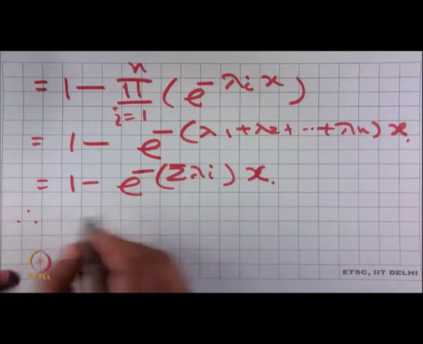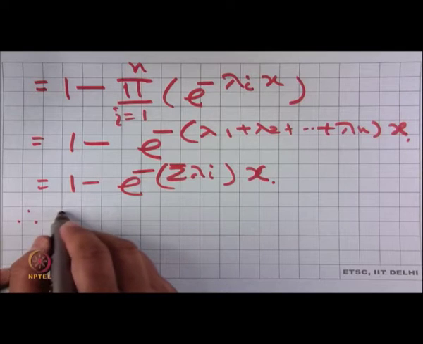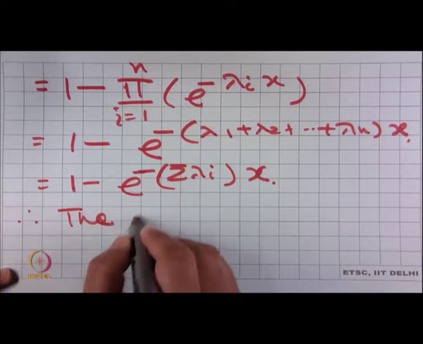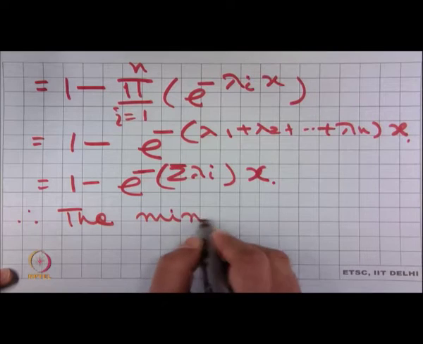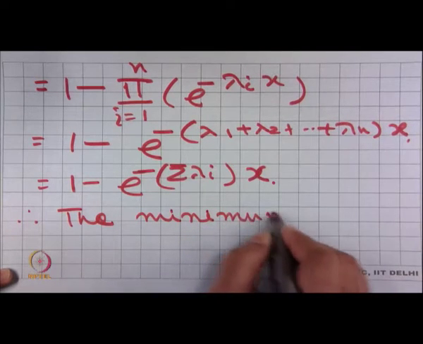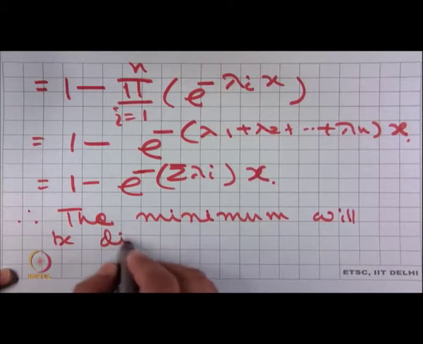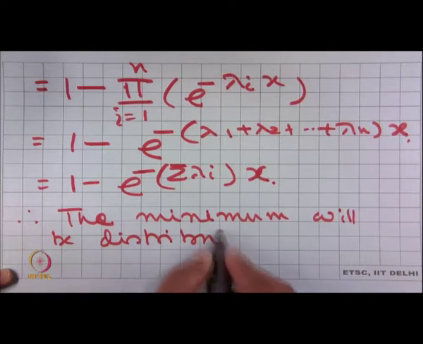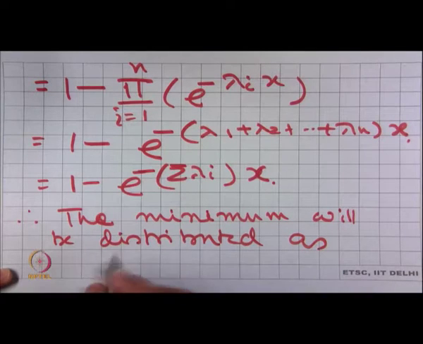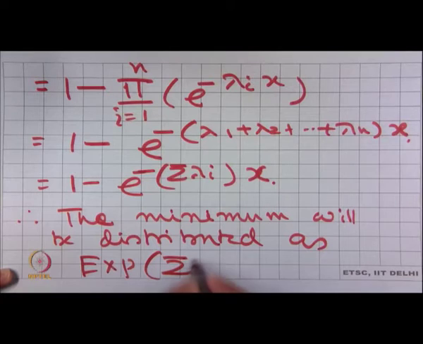Therefore, in this case, the minimum will be distributed as exponential with sigma lambda i.